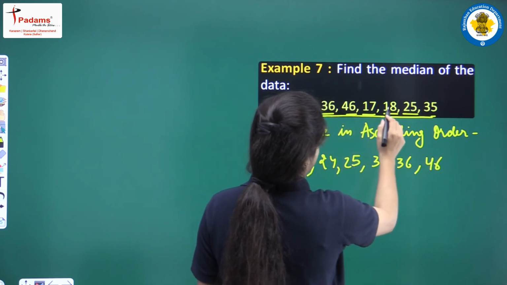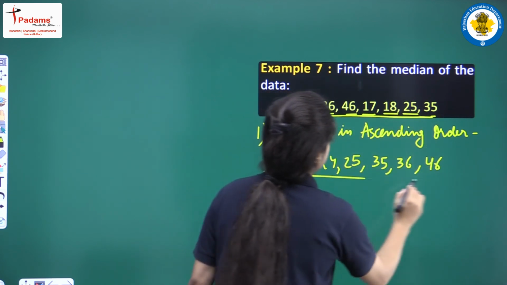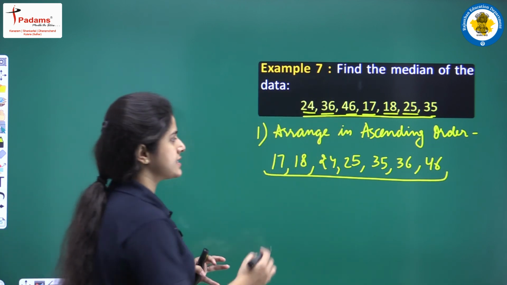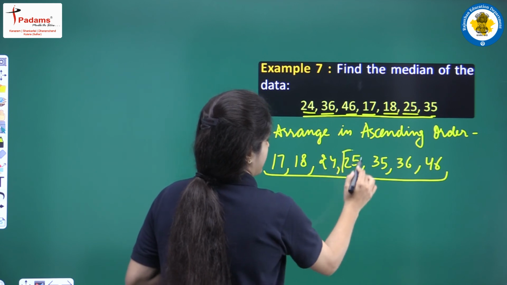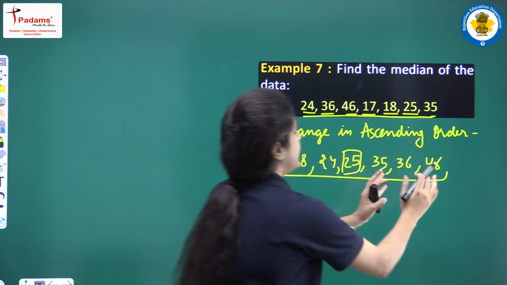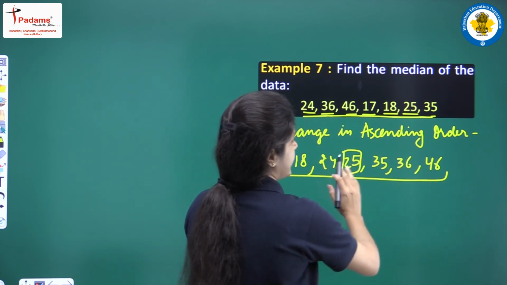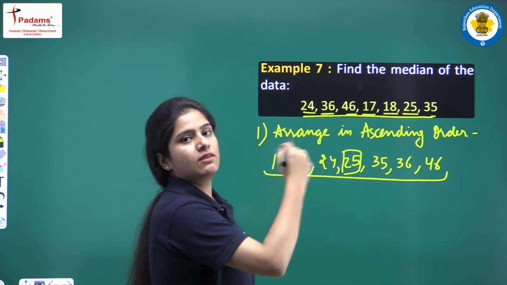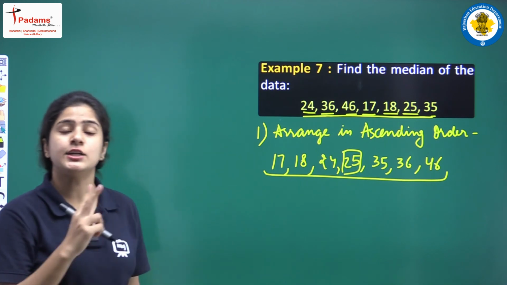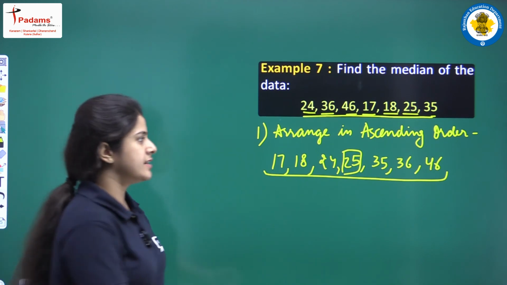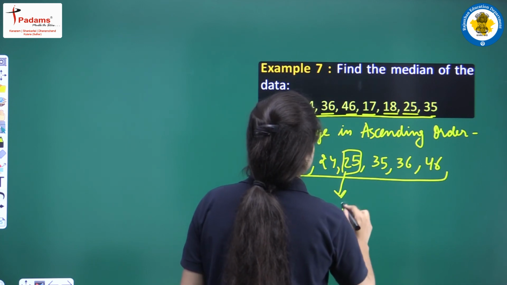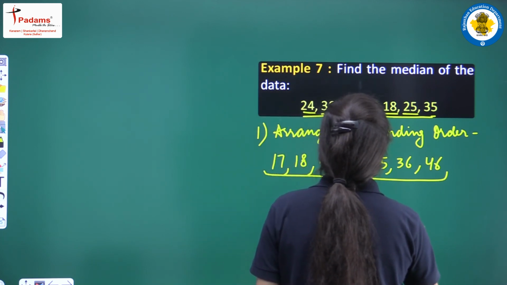Out of these 7 values, the central position is this 25, keeping 3 above it and 3 below it. The central value that is dividing the data into equal parts is called median. So the median is 25. This is the median of the data, okay?